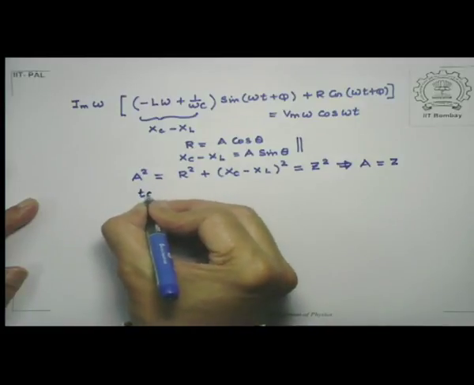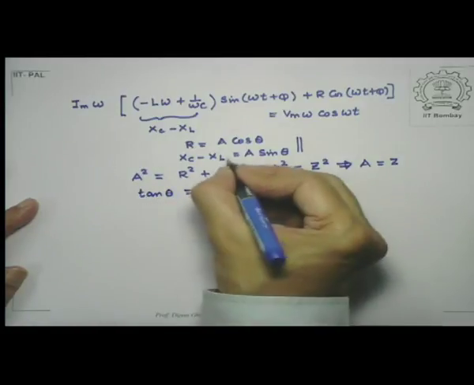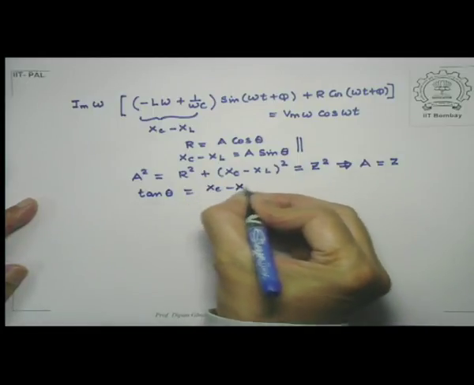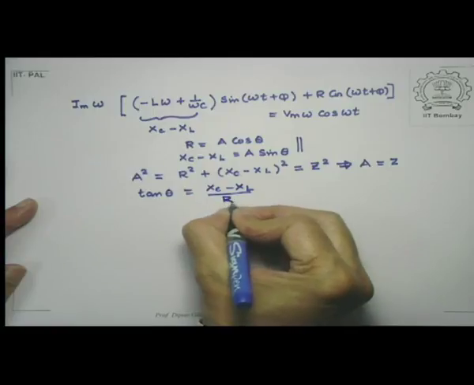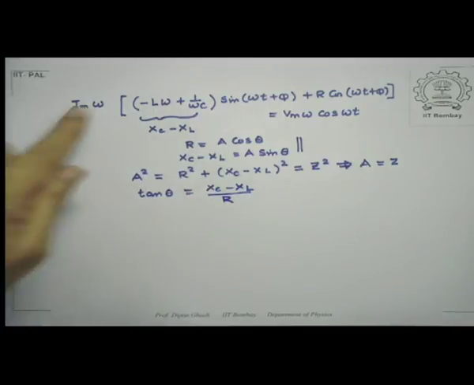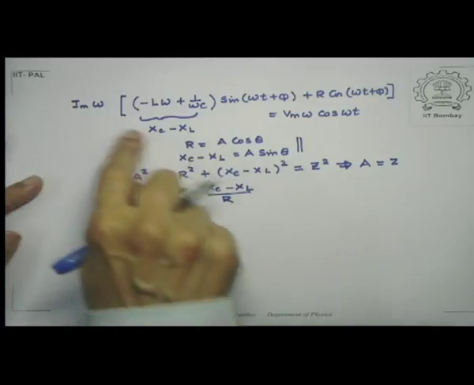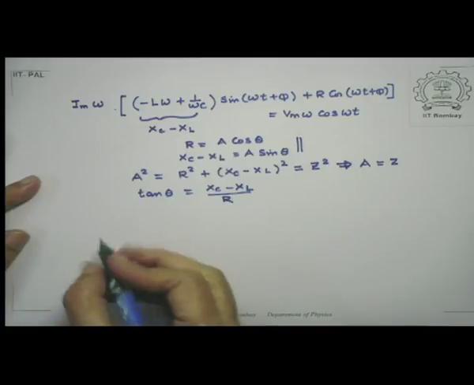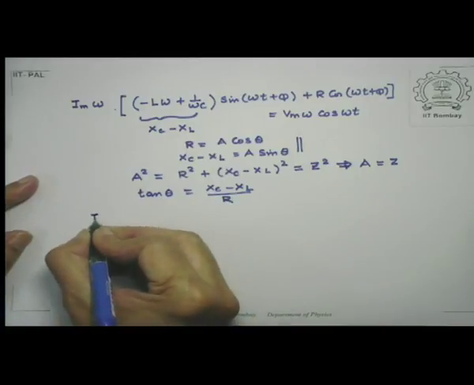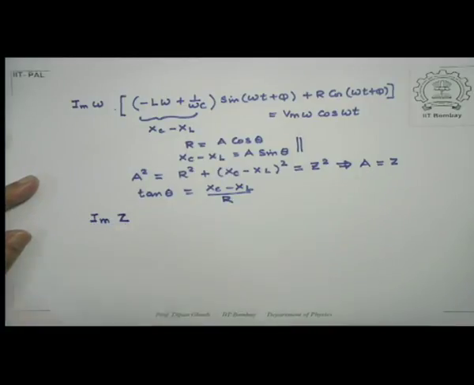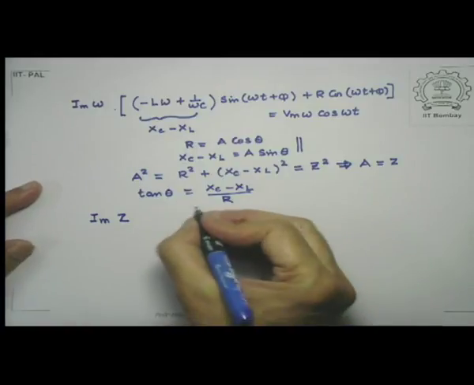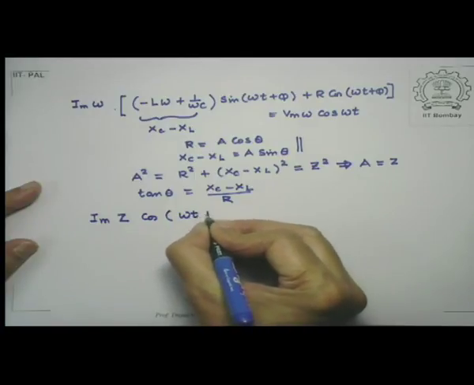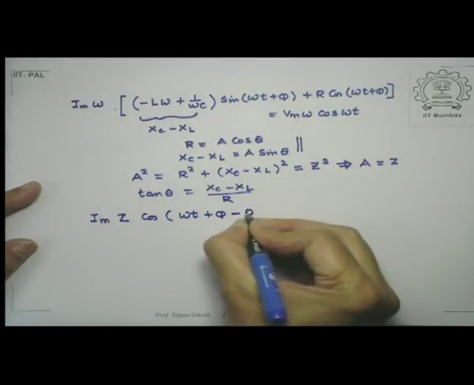And tangent of theta, obtained by dividing the second by the first, is xc minus xl divided by r. Now, with this identification and cancelling the common terms omega from both sides of this equation, I get Im z cosine of omega t plus phi minus theta.